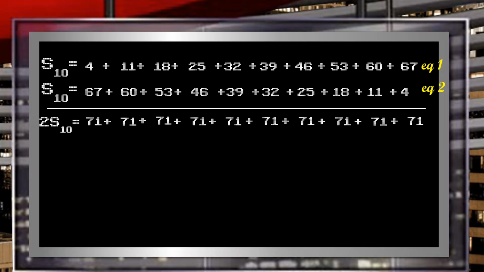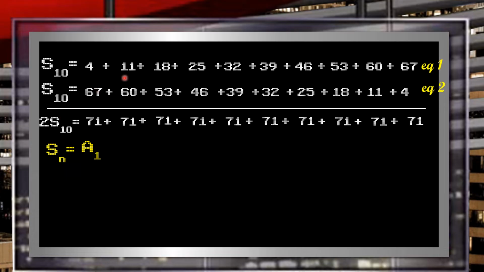Now, let us generalize and derive the formula from the example we have discussed a while ago. So, instead of S sub 10, in general form, we have S sub n equals, remember na yung 4, diba yun yung unang term sa arithmetic sequence na binigay kanina? Therefore, 4 is our A sub 1.